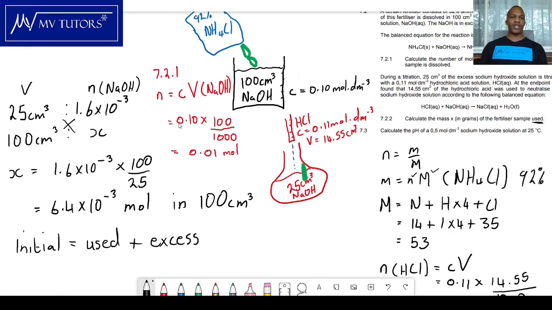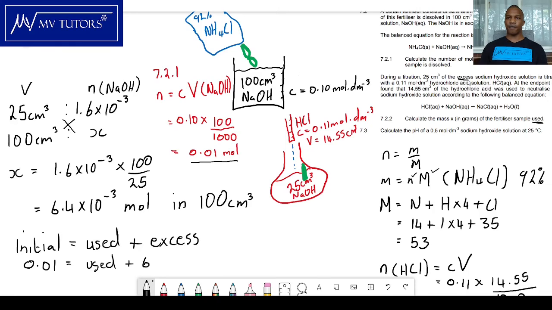Initially, we calculated 0.01 over there. That is equal to the used ones plus the ones that are in excess, which are these ones that we just calculated, because remember they told us that it was in excess.